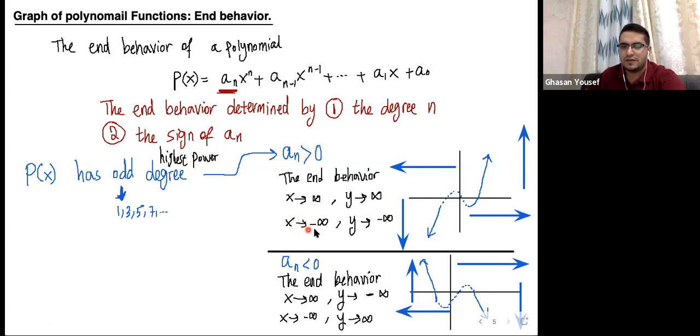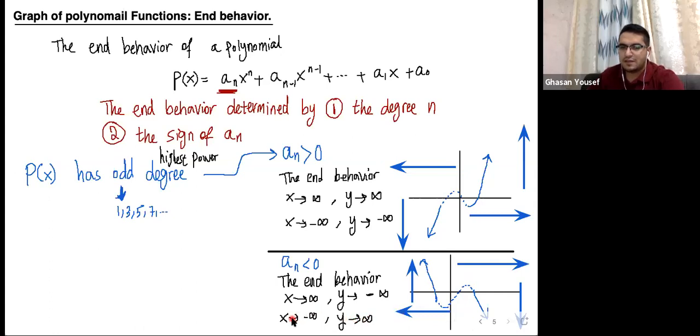When x goes to minus infinity, x becomes smaller and smaller, and the y value also becomes small at the same time. Same thing when the coefficient is negative. We have two cases: when x goes to infinity, y goes to minus infinity because the curve goes down.